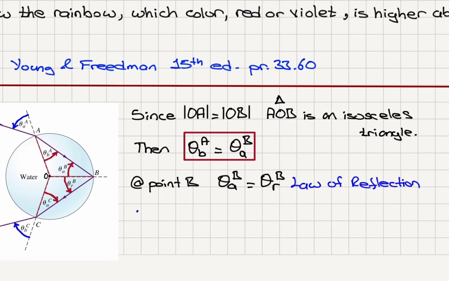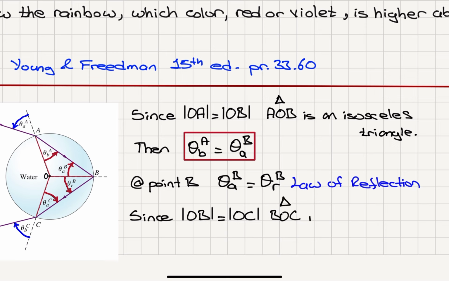So, since the length of OB is equal to the length of OC, the BOC triangle is an isosceles triangle.